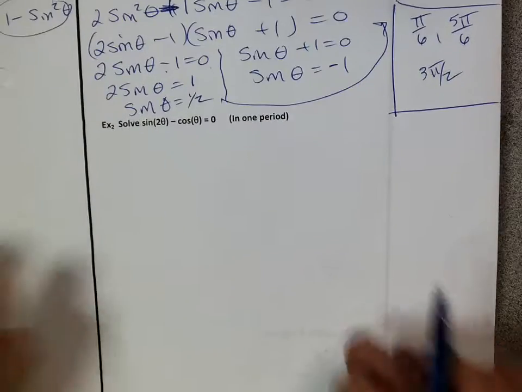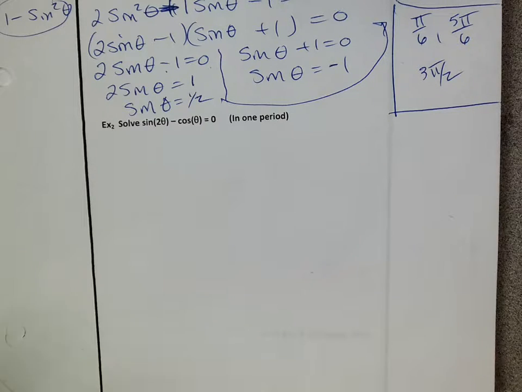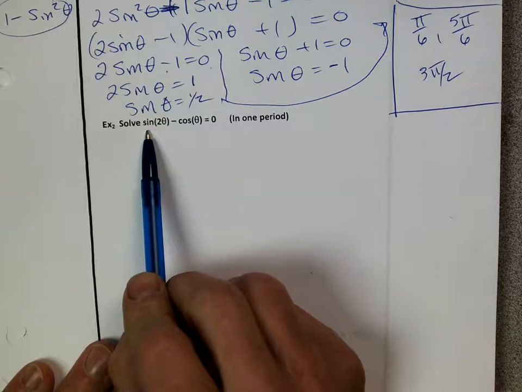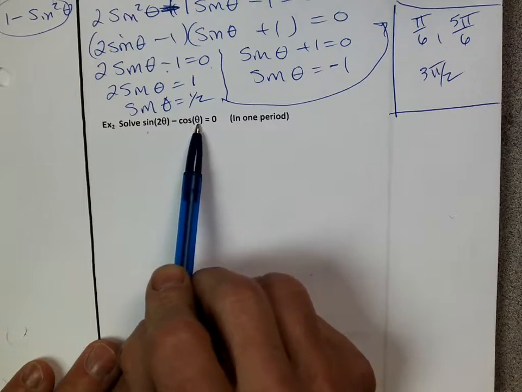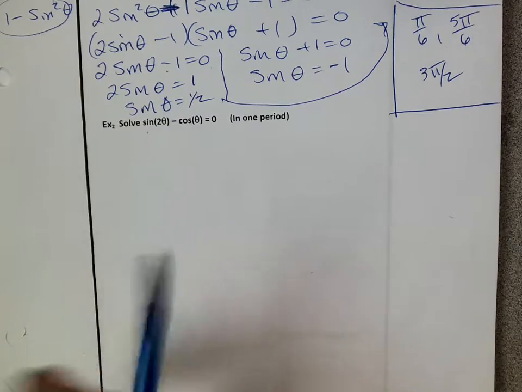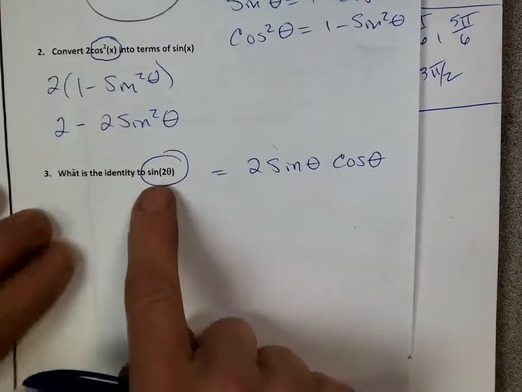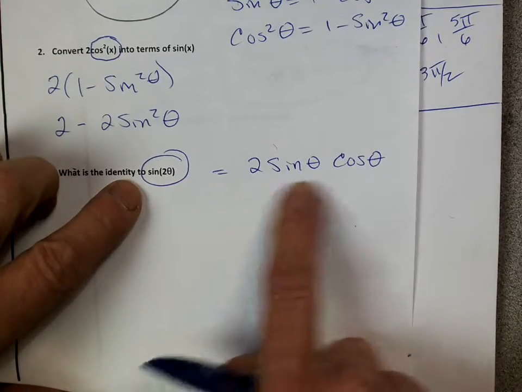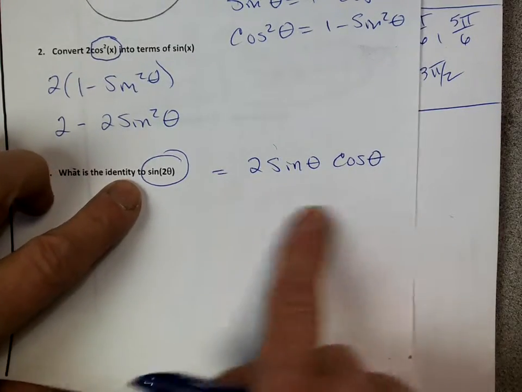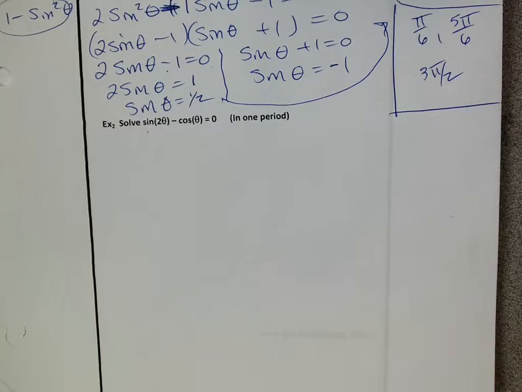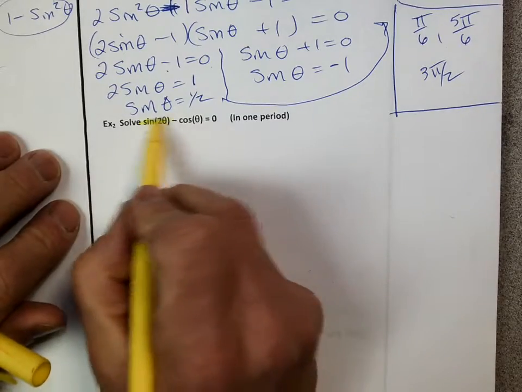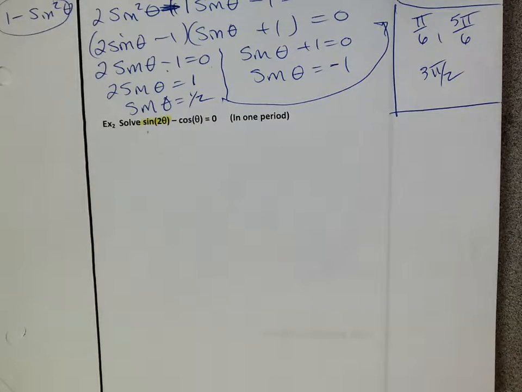Okay, example 2. So the problem with example 2 is the same problem. We've got sines and cosines, but we got a sine of 2 theta. But we have an identity. In fact, we looked at it in our reading that sine of 2 theta is equal to 2 sine theta cosine theta. So we need to make them the same. So the very first thing I'm going to do is change the sine of 2 theta into 2 sine theta cosine theta.